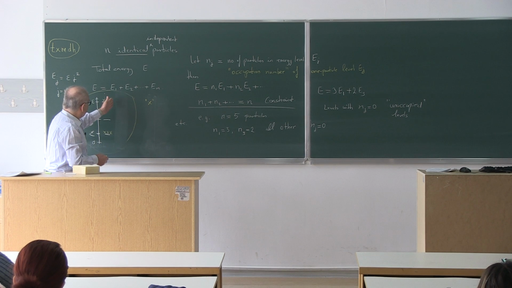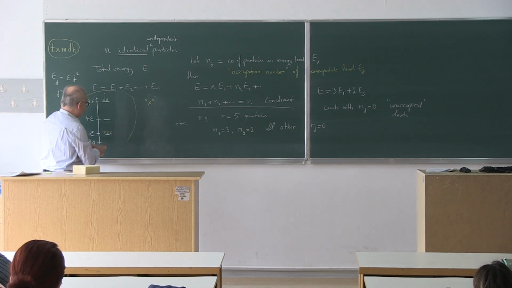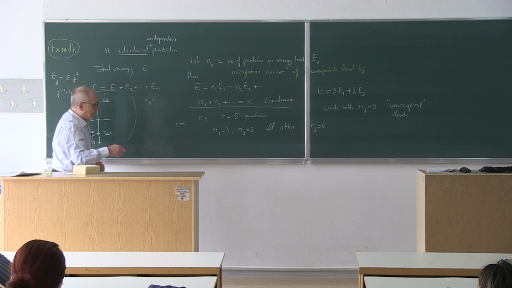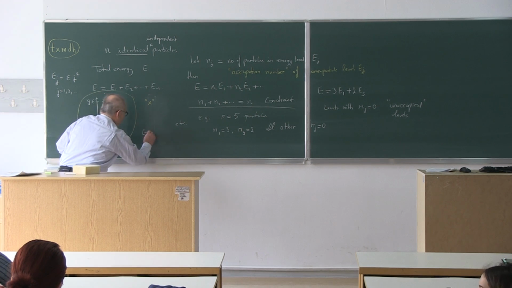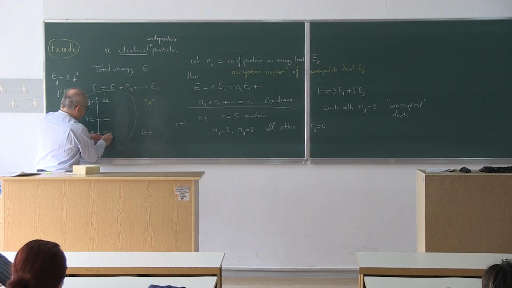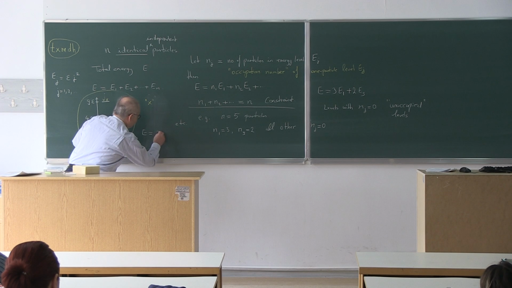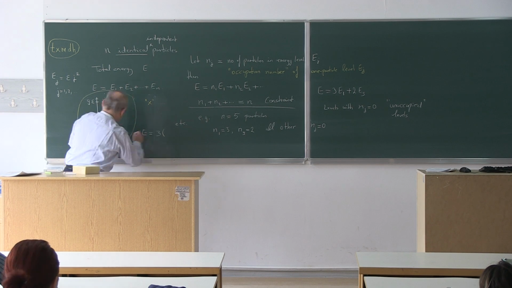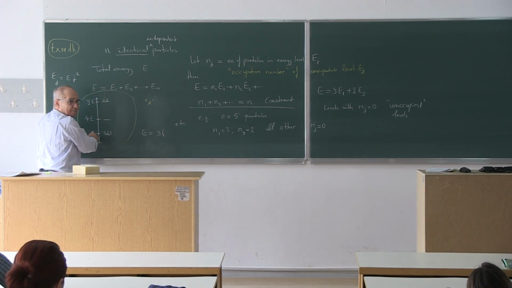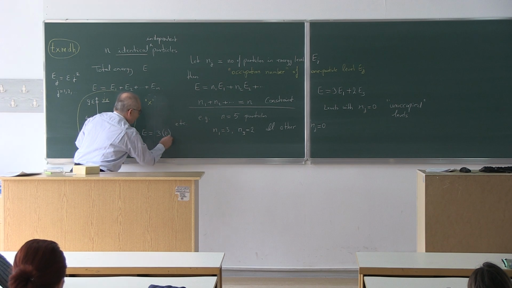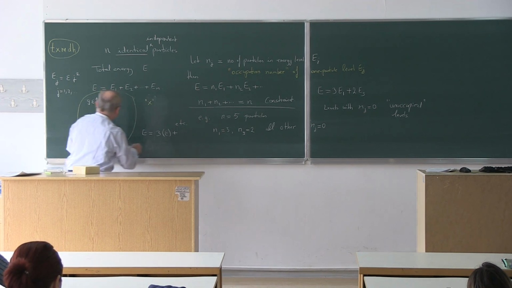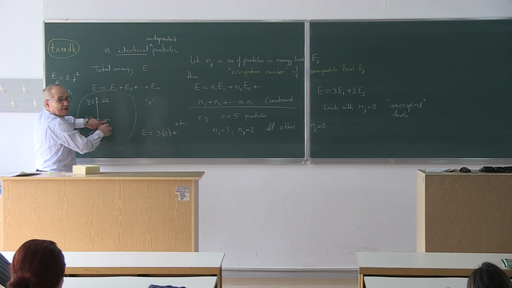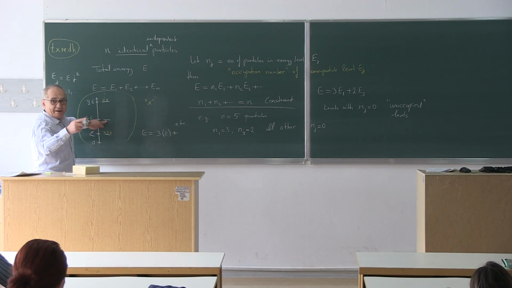Now we can write the total energy here more explicitly. The lowest level contains 3 particles, 3 times its energy, Eps, plus the next level doesn't contain any particles.